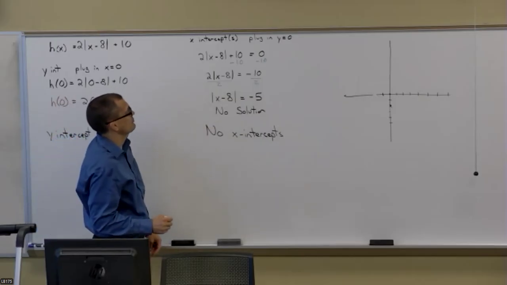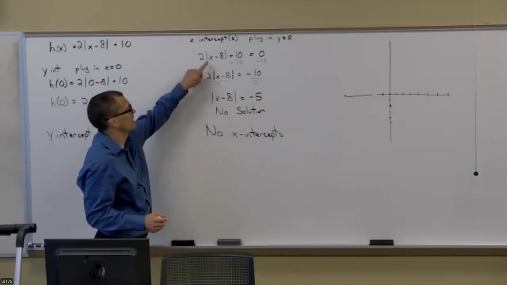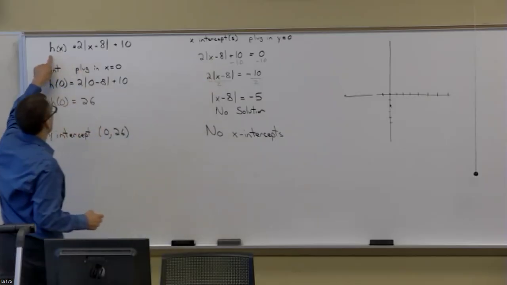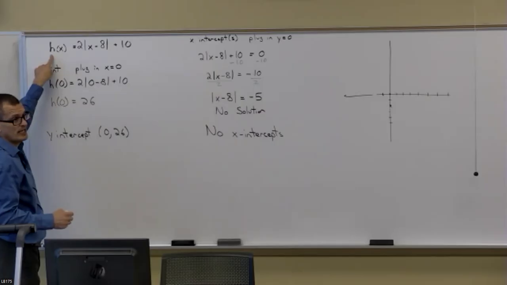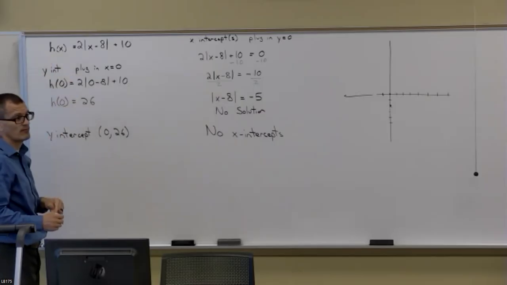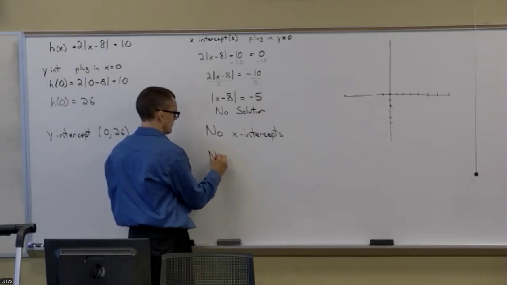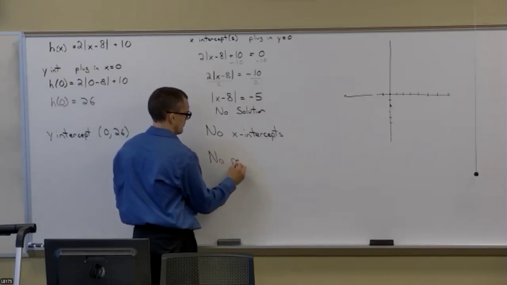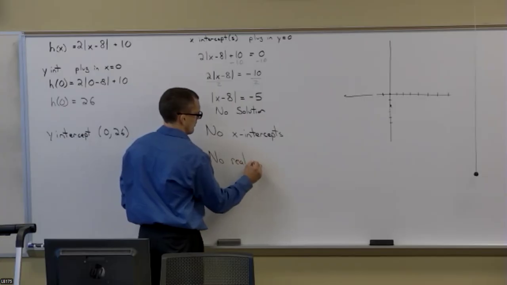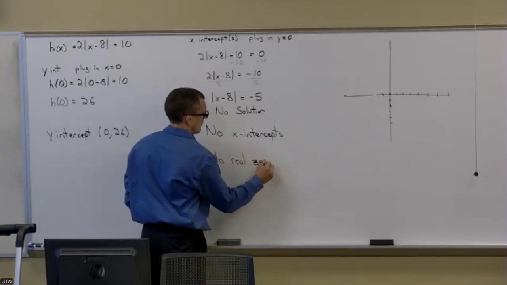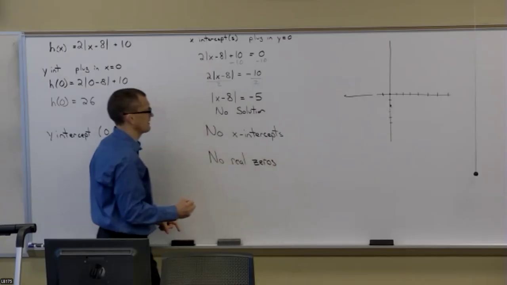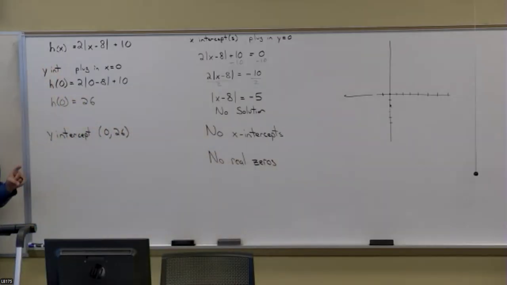And that means there's no real numbers that I can plug into my function and get out a 0. Linguistically, we say there's no real zeros. Nothing, no real numbers I can plug into my equation to get out 0. So no real zeros. That's what we say.